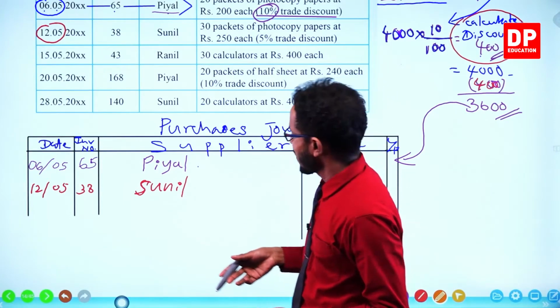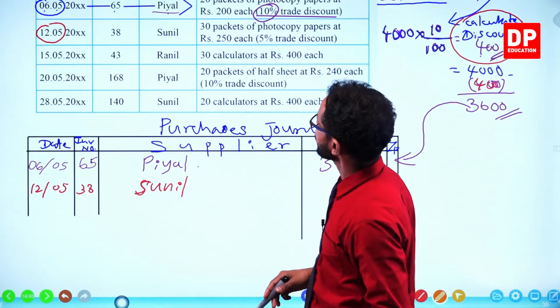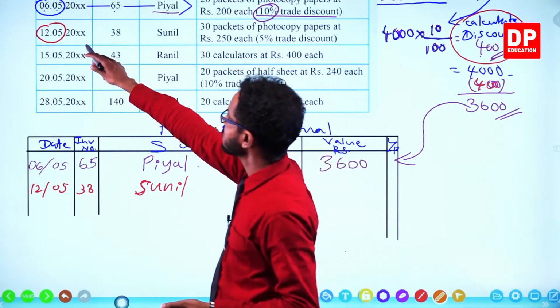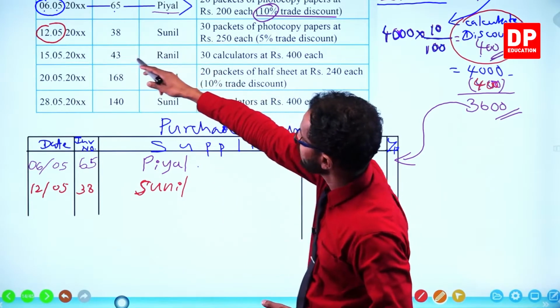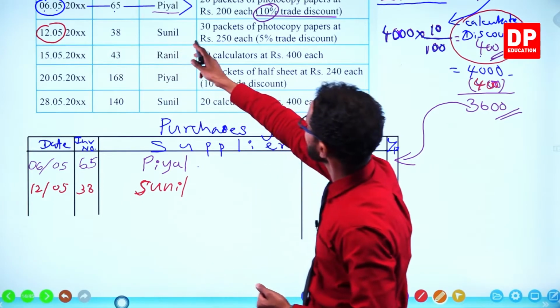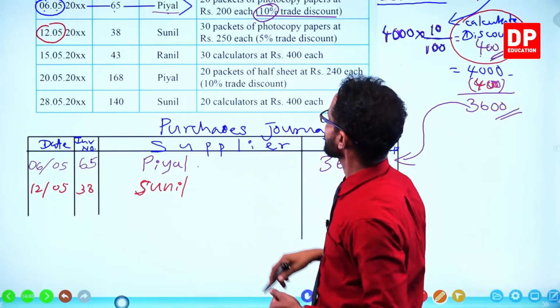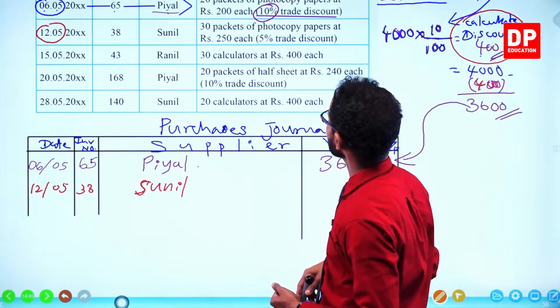Sunil. This person is Sunil, and his value: what have we purchased? 30 packets of photocopy papers at 250 each.